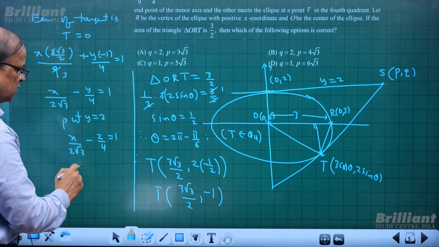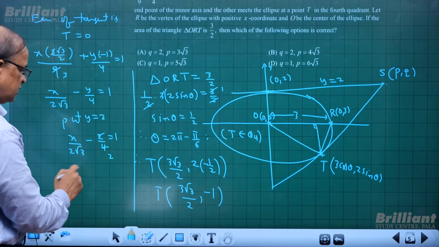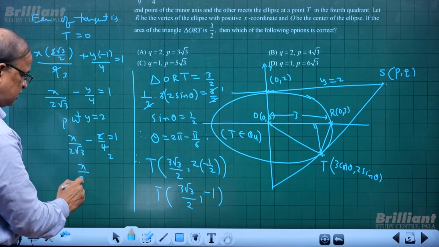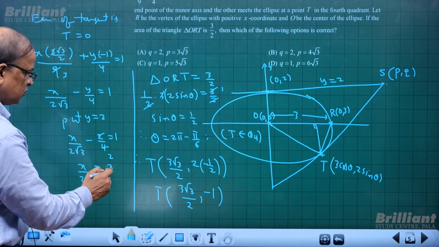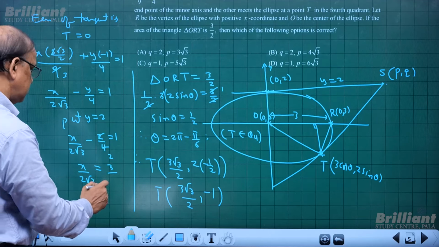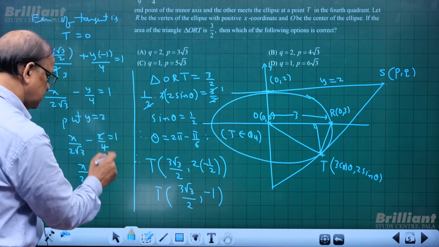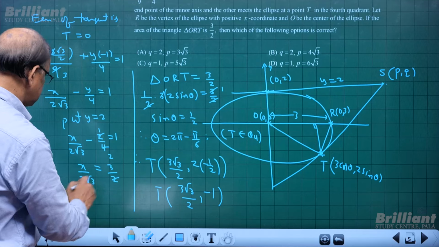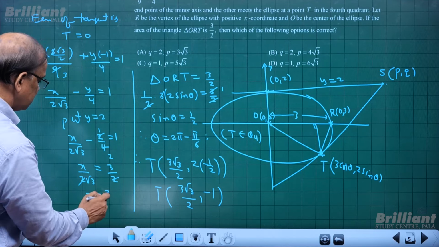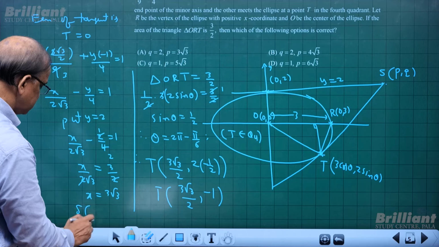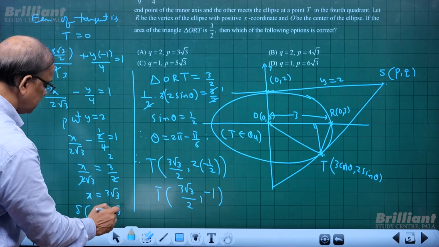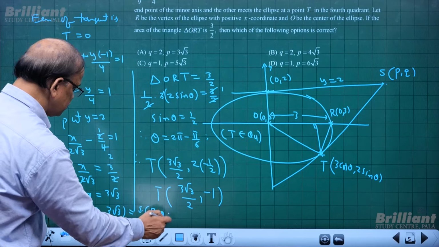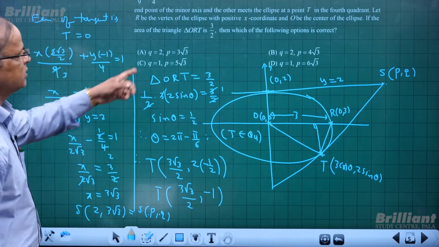So x by 2 root 3 is equal to 1 plus half, 3 by 2. So the 2s cancel, yes, x is 3 root 3. That means S coordinates are 3 root 3 comma 2. So P is 3 root 3 and Q is 2. So option A.